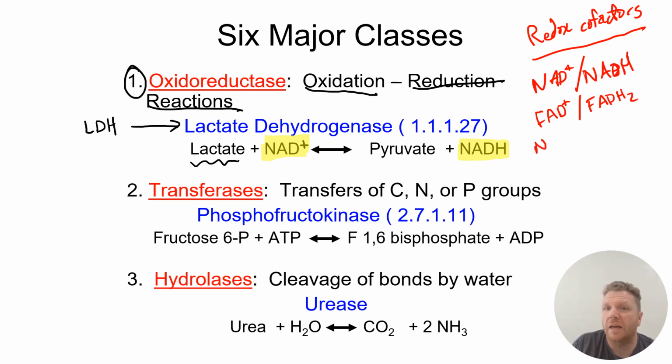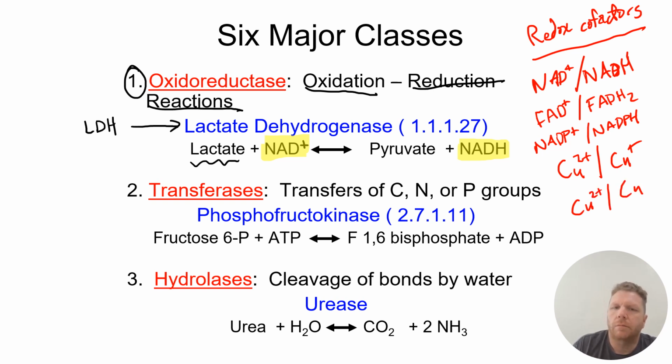You might also see NADP plus and NADPH. Then, in addition to all of that, you might see something like Cu2 plus and Cu plus, or Cu2 plus and Cu.